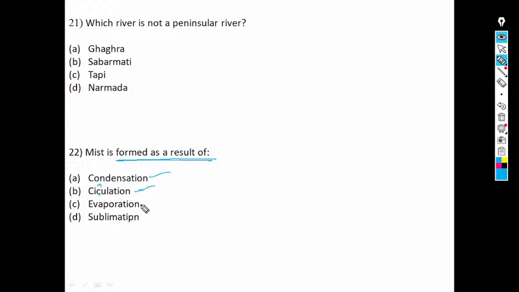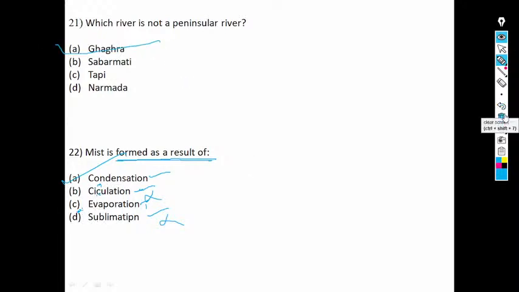Condensation, circulation, evaporation or sublimation. Circulation is no, sublimation is no. Mist is because of condensation, basically. Water evaporates, but when it condenses, mist forms. Here the answer is Ghagra.